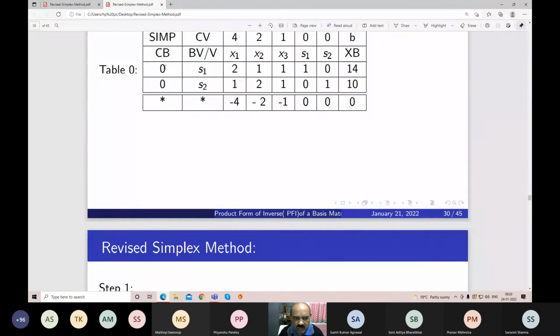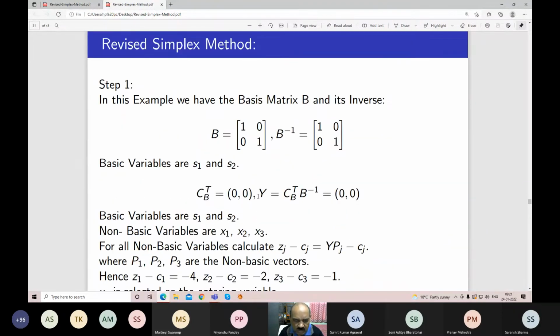We define y equal to CB transpose into B inverse. Multiplying with B inverse, 1, 0, 0, 1, gives 0, 0. So y is 0, 0.